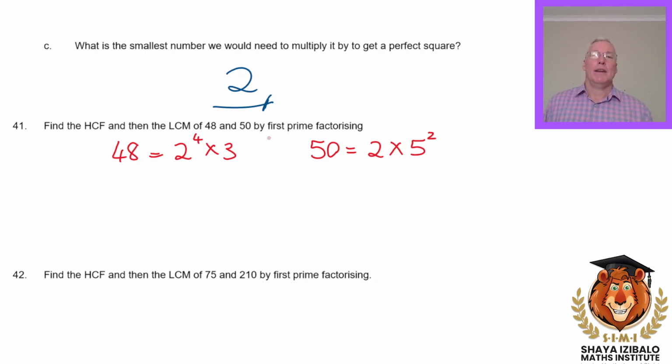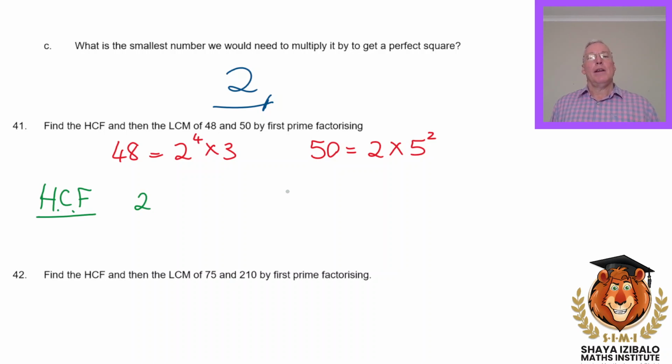Now let's remind ourselves, because this is really, really important. How do we find an HCF? Which bases do we write down to find an HCF, the highest common factor? And let's go back and think about why. We want a number that's going to divide into both of these numbers, so it can have 2's in it.